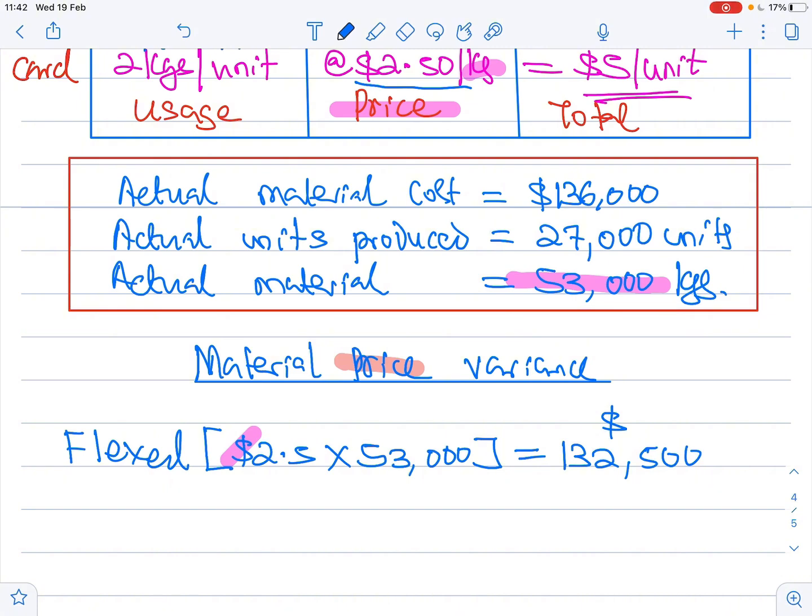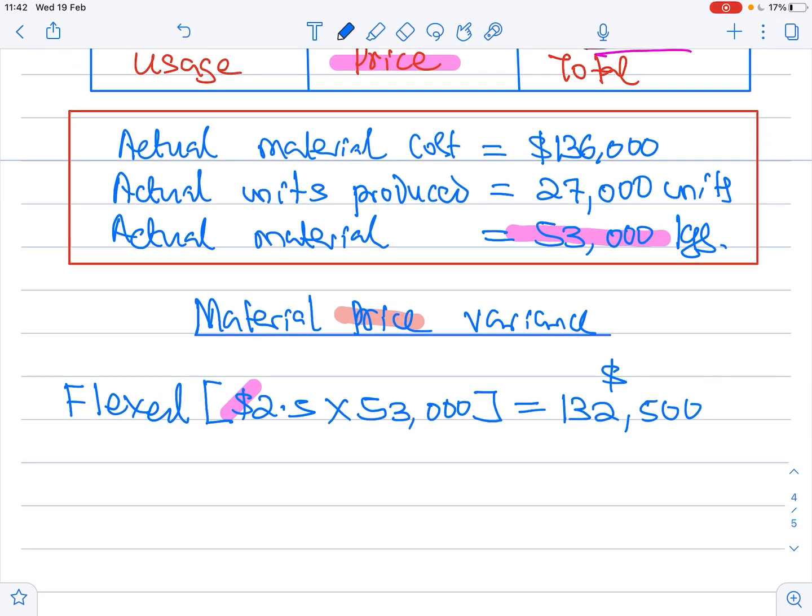Okay, good. The other thing now is we want to compare this 132,500 with the actual results. So what's the actual results? The actual results is going to be the actual dollars. So the actual dollars in this question is this.